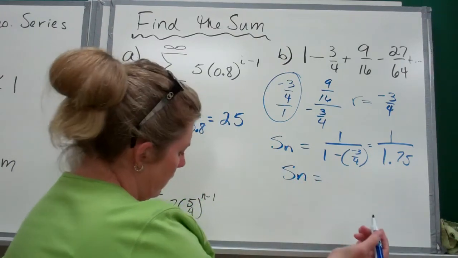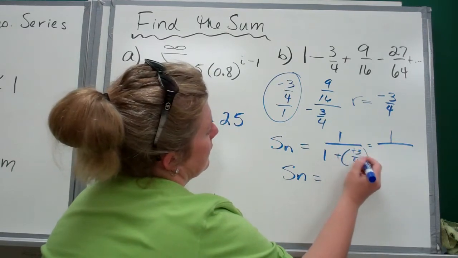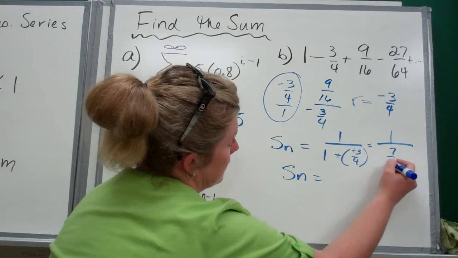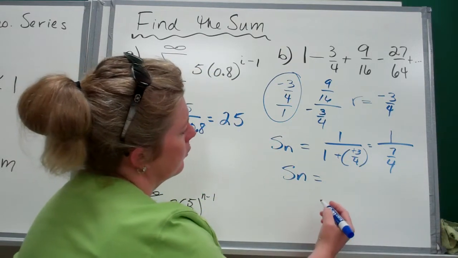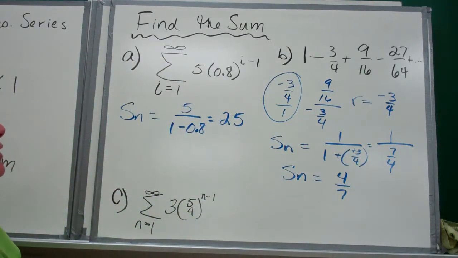I don't want to deal with the decimals, that's just gross. So it's 1 plus 3/4, so it's 1 and 3/4, which is 7/4. 1 divided by 7/4 is going to be 4/7. So that's the sum. Remember, decimals are gross.